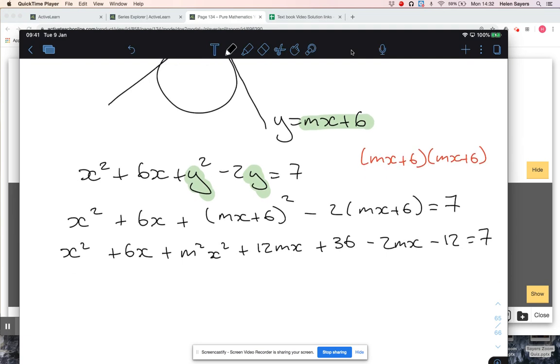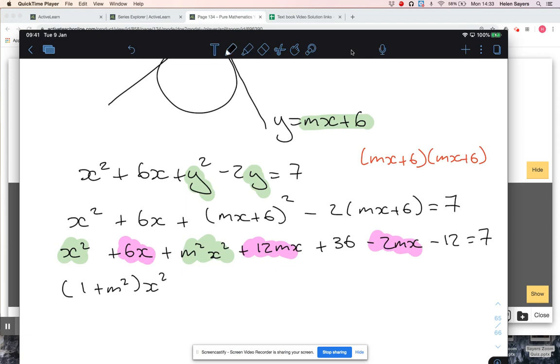Okay, so let's collect all our like terms together. I've got 2 x squared terms, and rather than write them out as two separate terms, I'm going to factorise and take 1 plus m squared out as a common factor. For my x terms, I've got the 6x, the 12mx, and the minus 2mx.